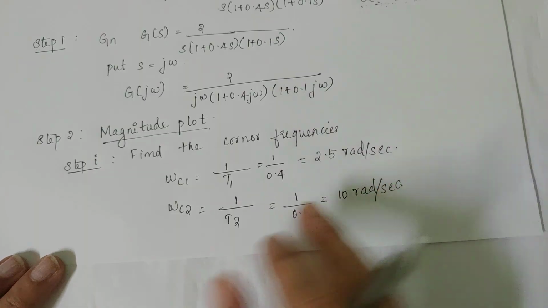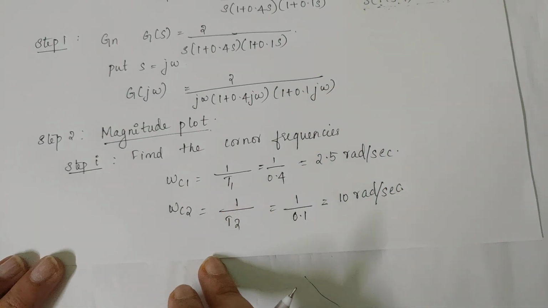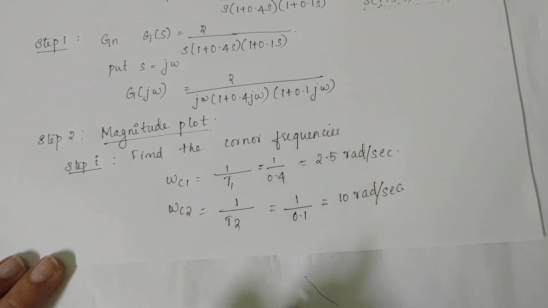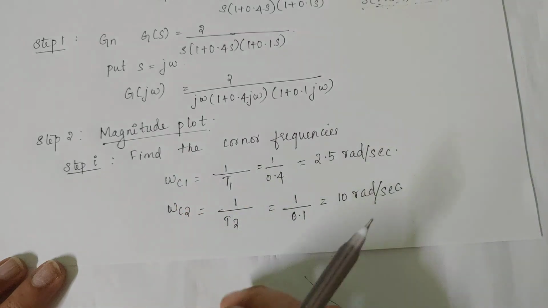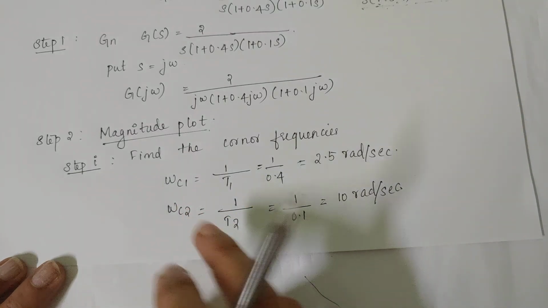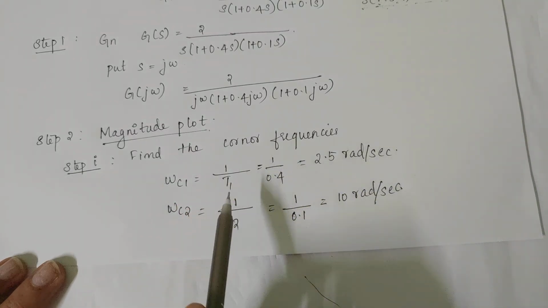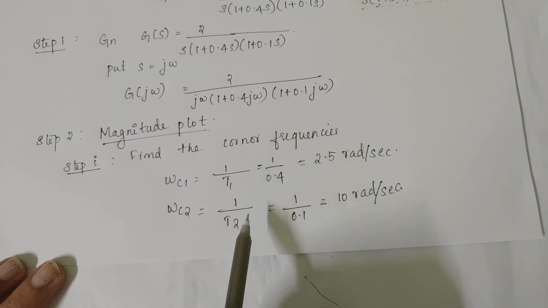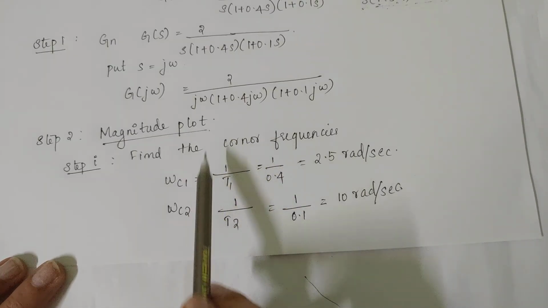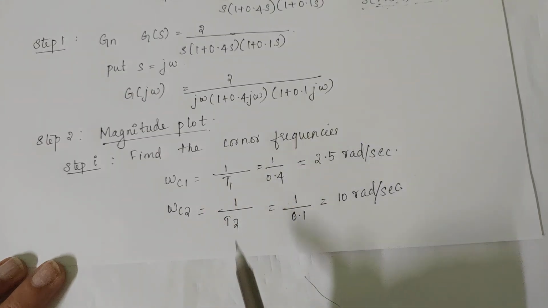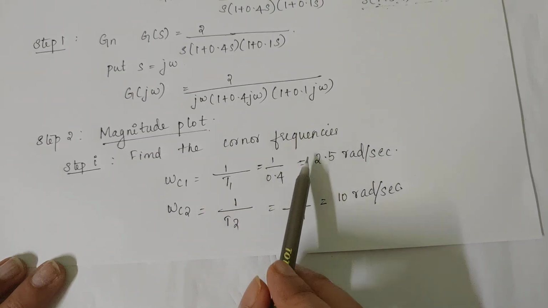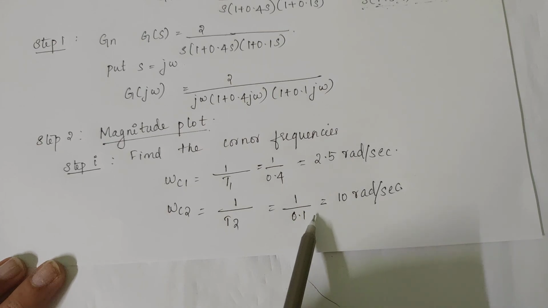So this is the first step, find the corner frequencies, and then we are going to tabulate the terms in increasing order of the corner frequency.